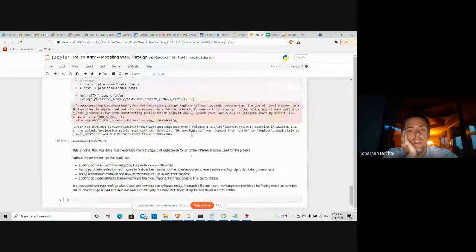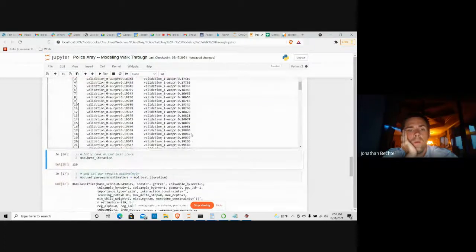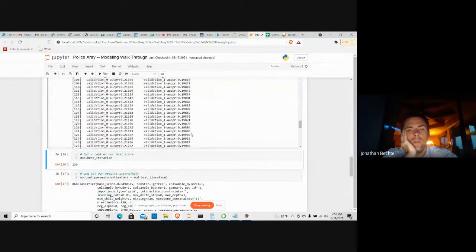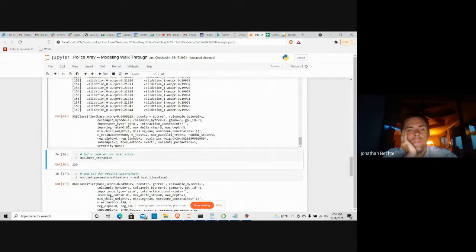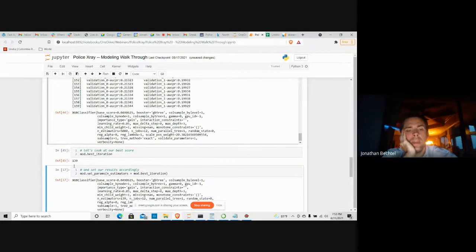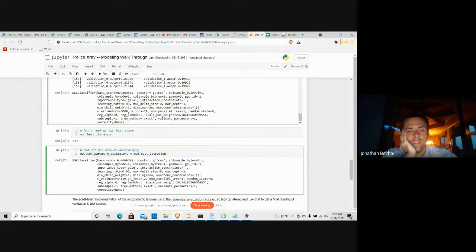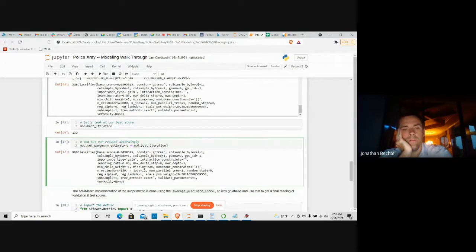The idea is, when we go at least 20 rounds without this number improving, it turns off. The best round was 139, so we'll change that right over here.